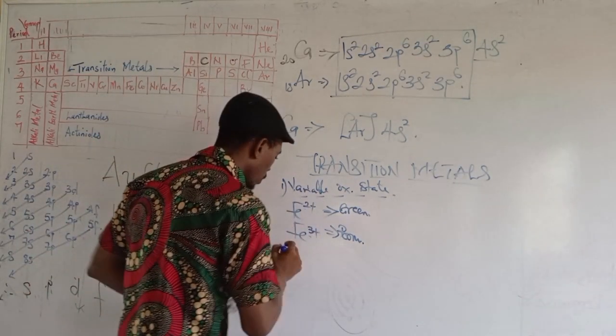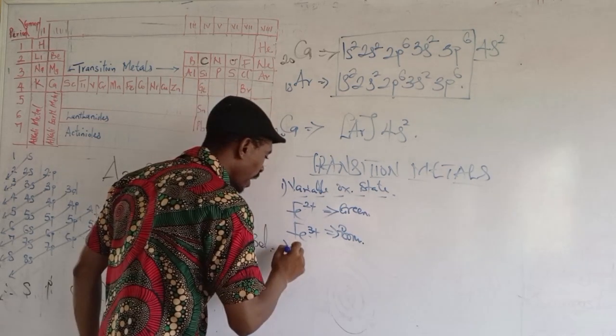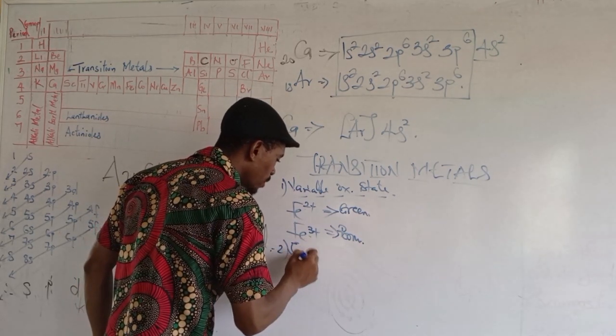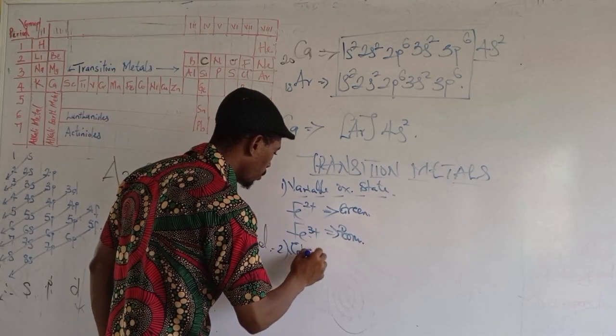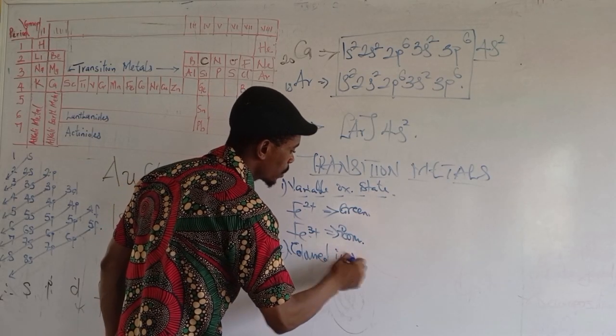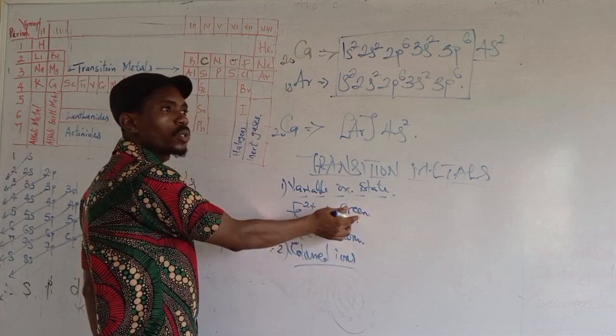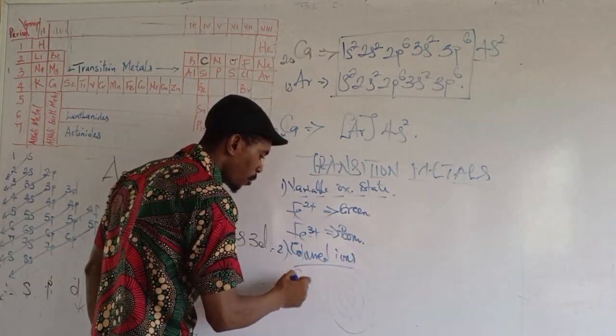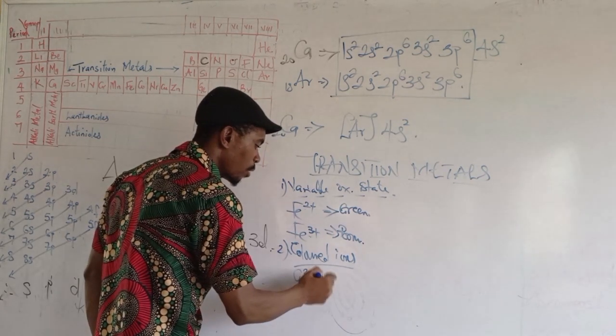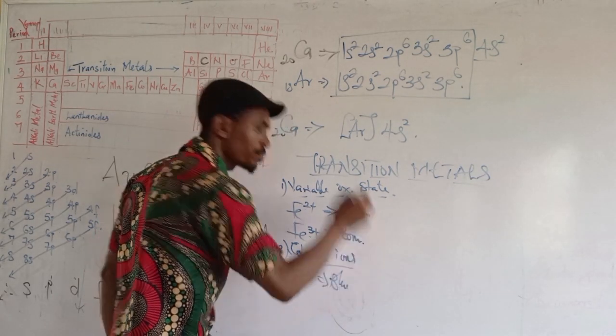Apart from having variable oxidation states, they also form colored ions. An example has just been given to us: iron. Another example is copper 2+, which is blue in color.